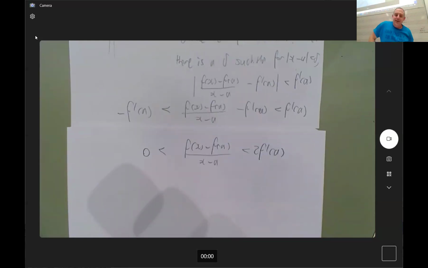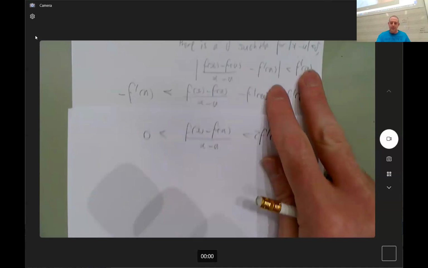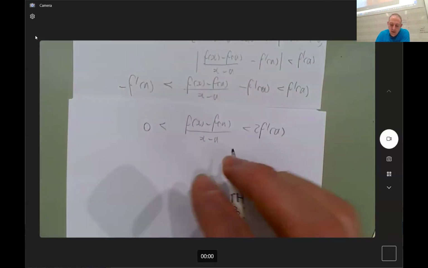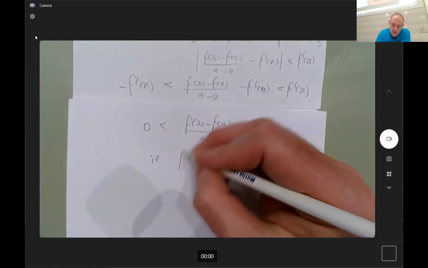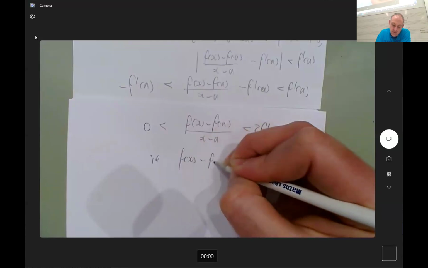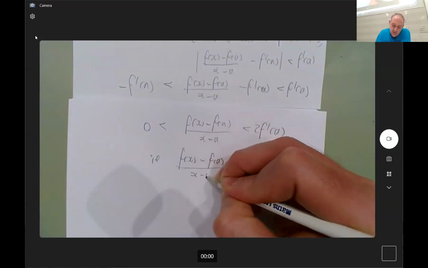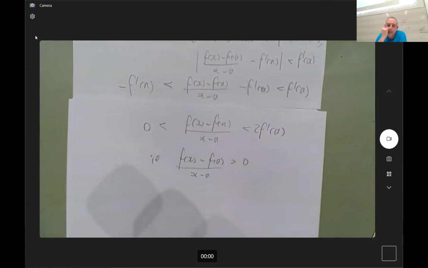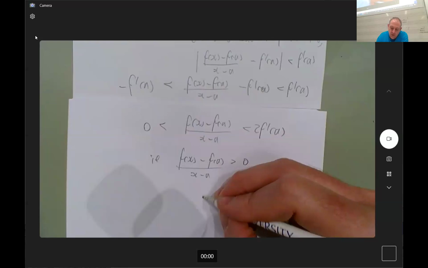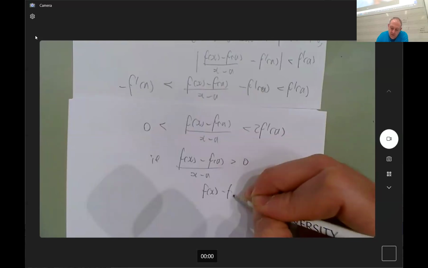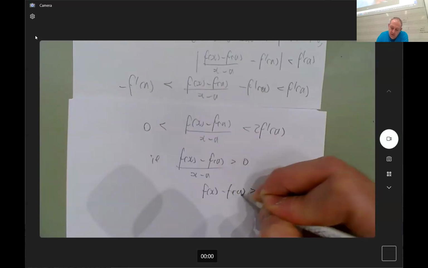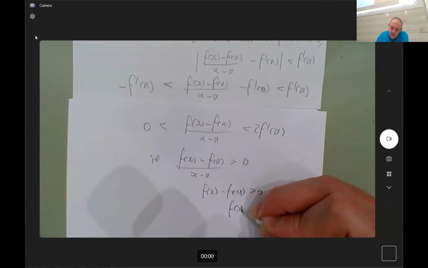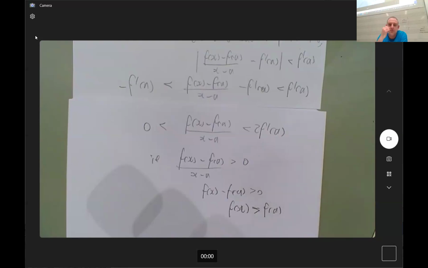Okay, so (f of x minus f of a) over (x minus a) is greater than 0. And so therefore f of x minus f of a is greater than 0, and therefore f of x is greater than f of a. Hmm.